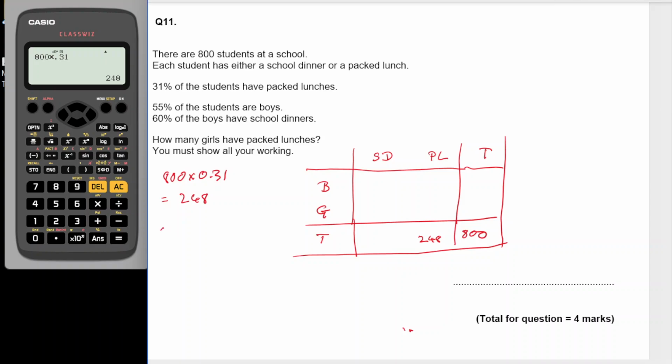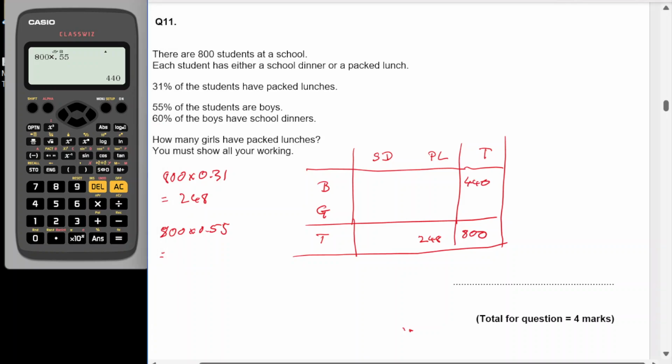I want 55% of the number, so 800 times by 0.55 to give me my 55%. So we've got 440 boys.